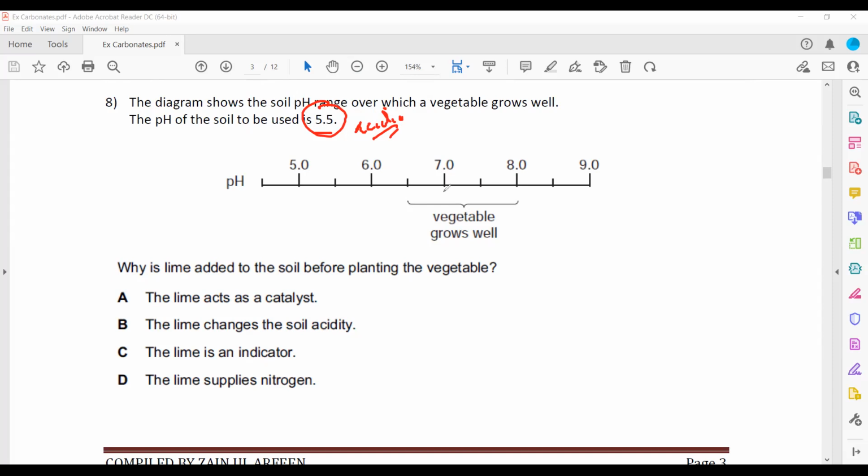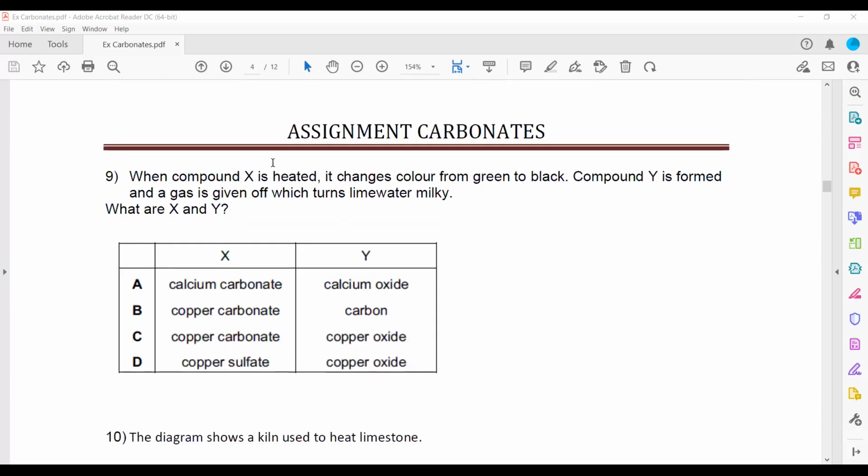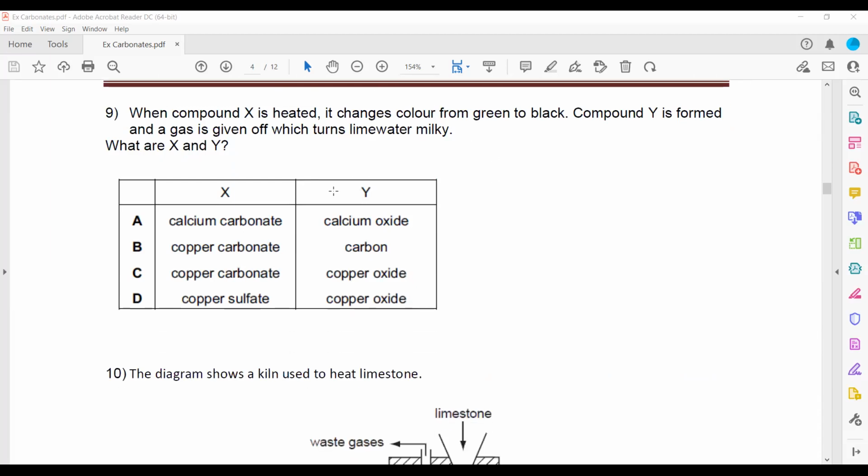The vegetable can grow well when the pH is around 6.5 to 8, but the soil is around 5.5. So we want to neutralize this soil, we want to reduce this acidity. The lime changes the soil acidity, it will make it less acidic, so the plants can grow well. But different plants have different natures, like the pH at which they can grow. That's why we don't find the same type of plants all over the world, as the soil pH is different.